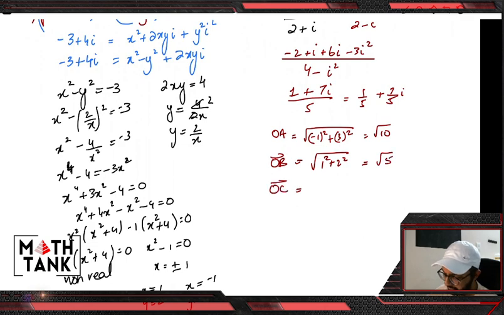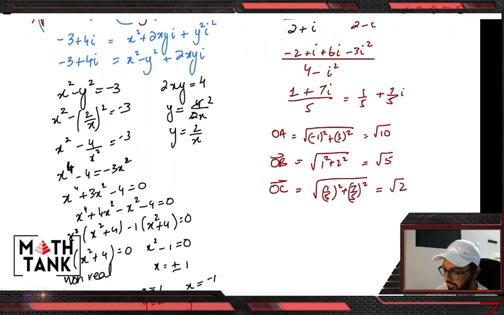And OC is root of 0.2 squared plus 1.4 squared, which gives me root of 2.